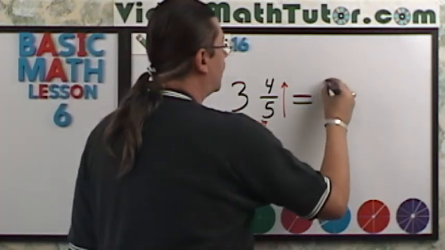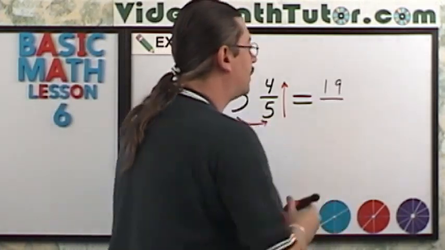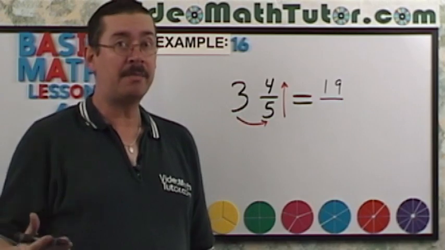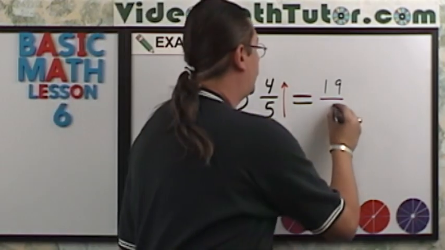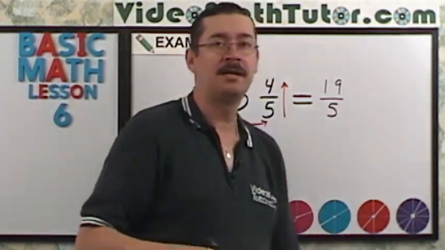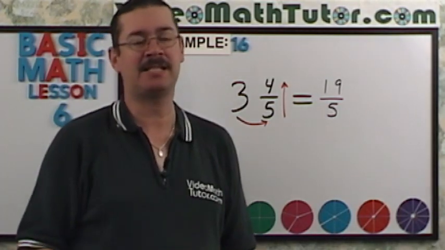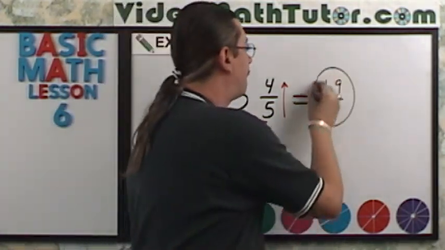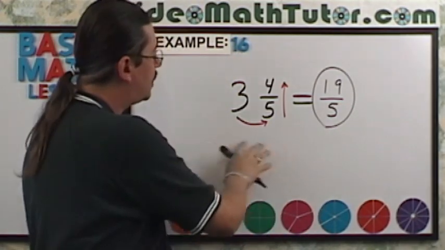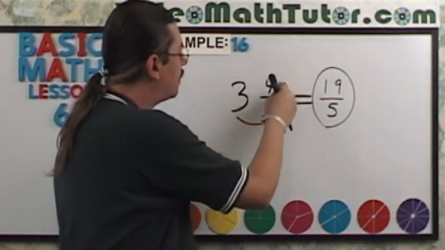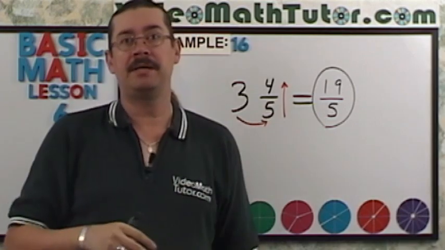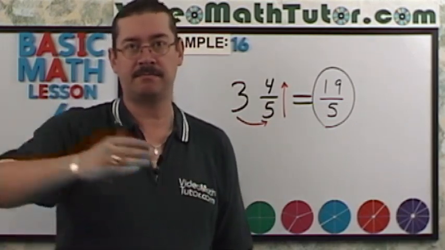That's going to give me 19. Now the denominator stays the same. So I'm going to put 5. If I can reduce this, I should. Well, 19/5 doesn't get any smaller. So we're done. Now this little notation of putting little arrows here and here, you're going to see me do that quite a bit from now on in this lesson.